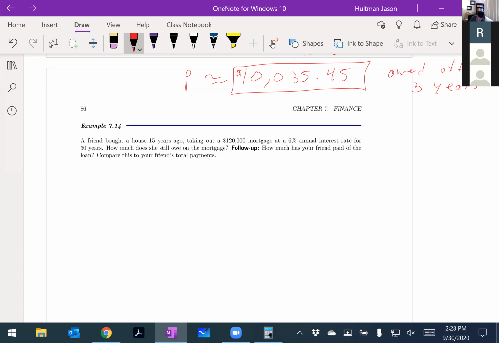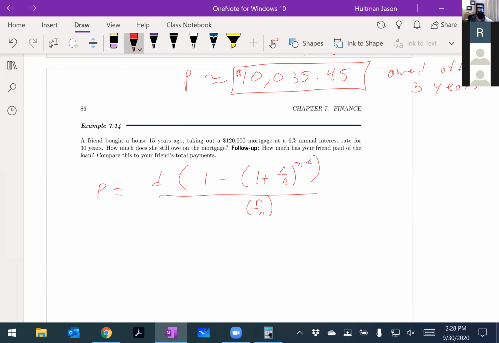We'll deal with the follow-up a little bit later, but again, very similar to the one that we just did. So P equals D times 1 minus 1 plus R over N to the negative NT power, all over R over N. So we're solving for D again this time.